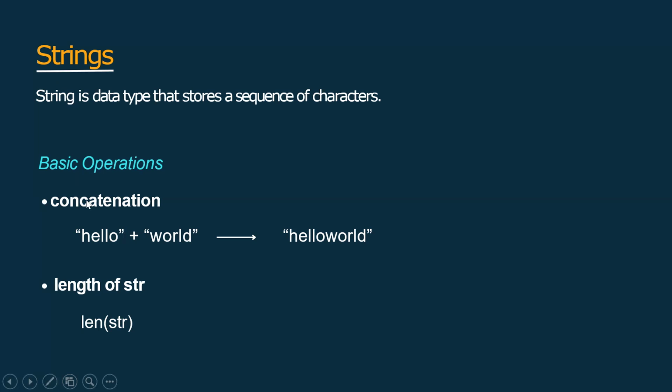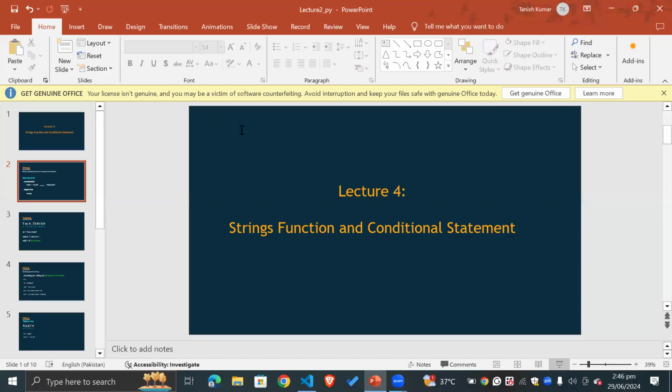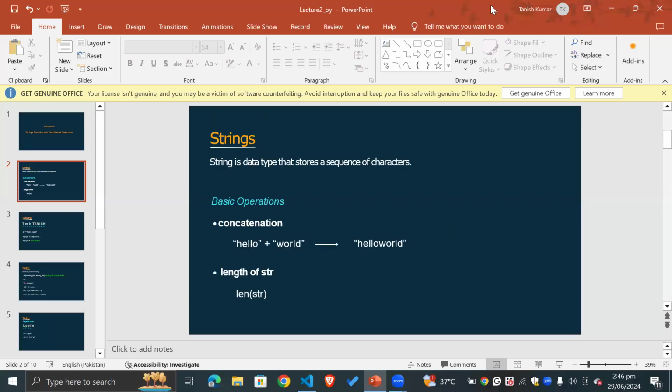The first operation is concatenation. We can perform concatenation on strings by just using the plus operator between them. So by using just the plus operator between two strings, you can concatenate those two strings together. Also, if you want to find out the length of a string, you can use the len function.